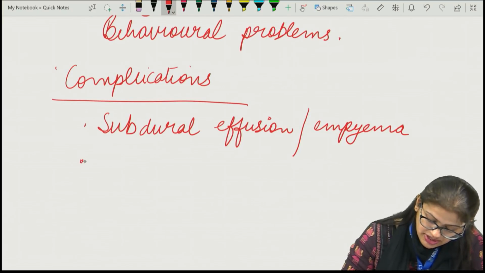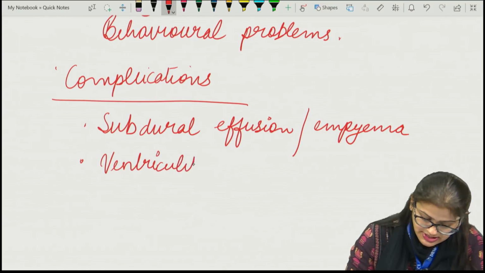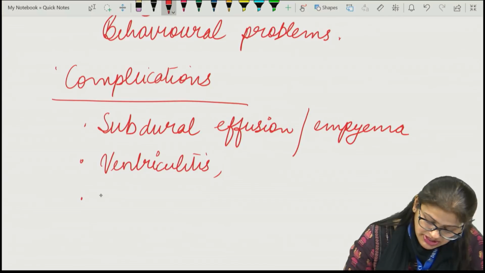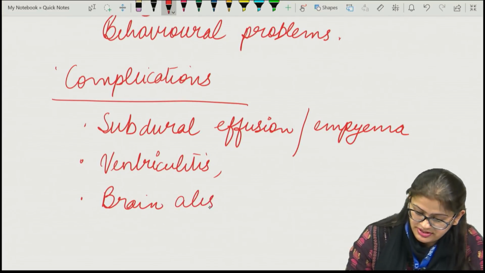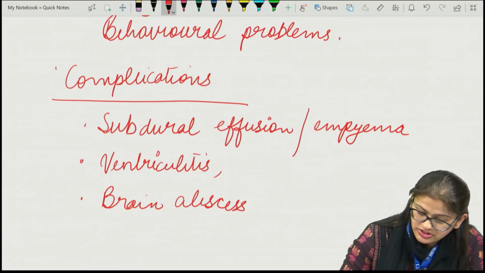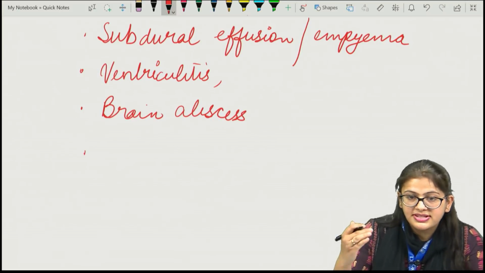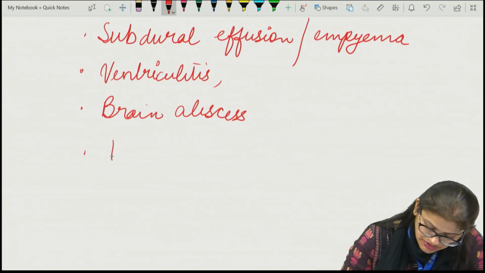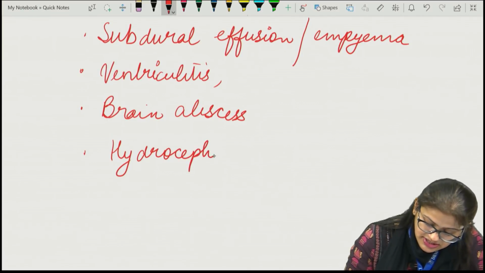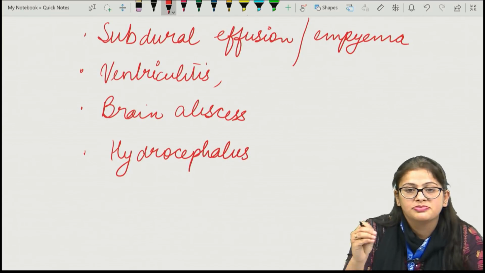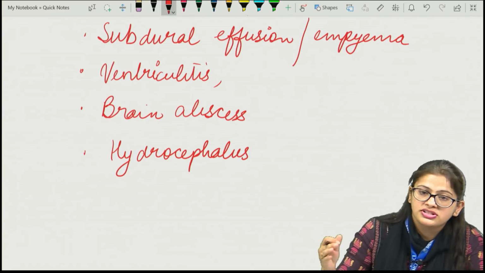At the same time, there can be ventriculitis, by which we mean infection of the ventricles. There can be development of brain abscess or hydrocephalus, which results because of the deposition of exudates in the CSF pathway. All these CNS manifestations should be suspected if a child who was initially responding starts to have fever again or starts deteriorating.